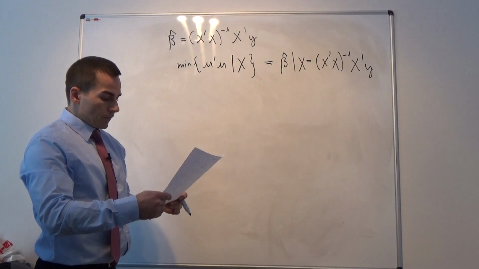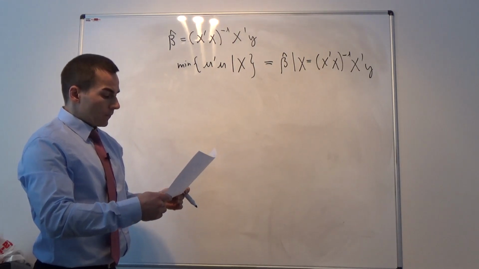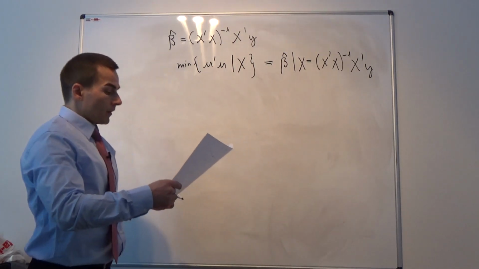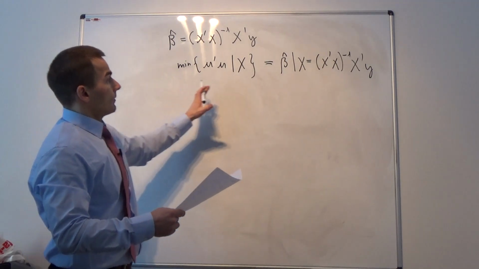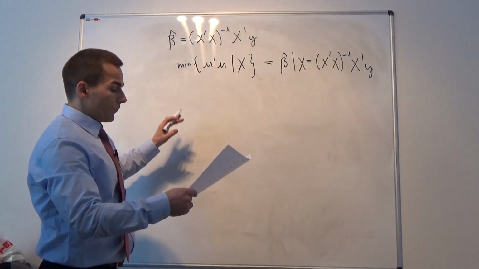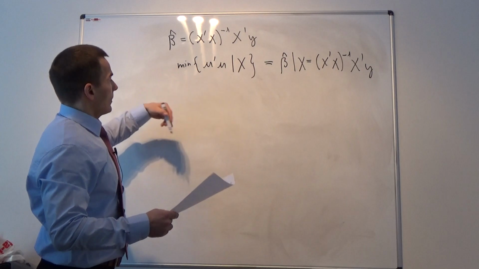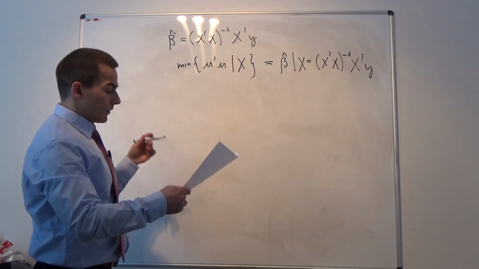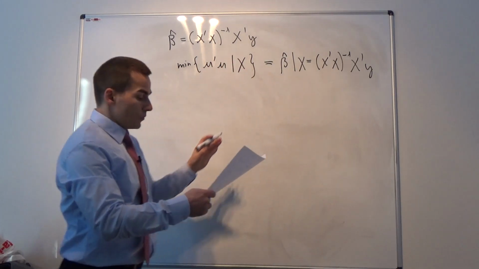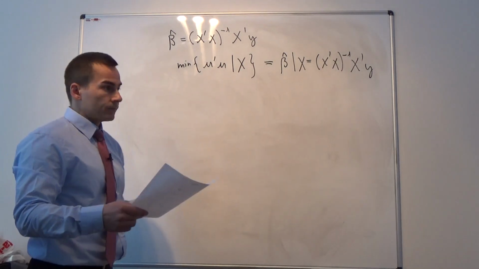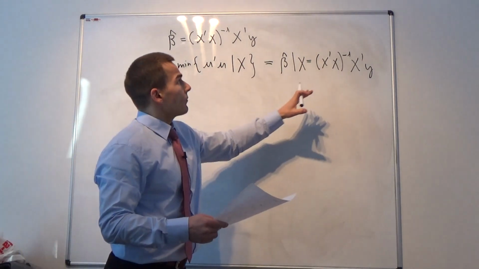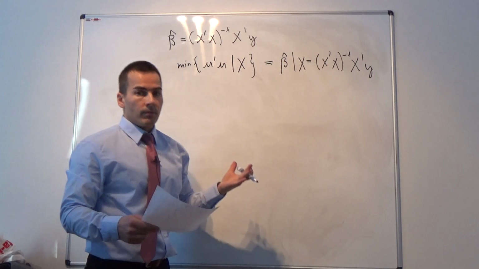It is important, though, that this holds only if our regressor matrix X and our error vector U are uncorrelated. Typically in our framework, that's not a problem.